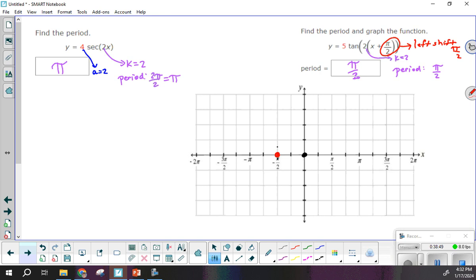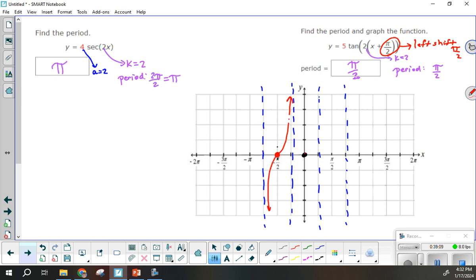So half the period on the right, again, here would be my asymptotes. Okay, and this would be my function. We're not flipping, so right tail's up, left tail's down. This is what that would look like.